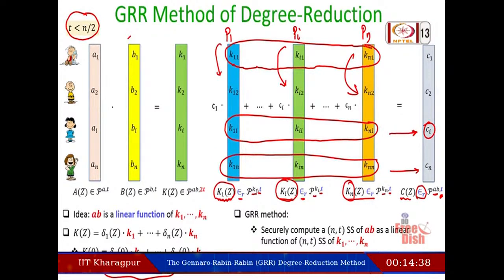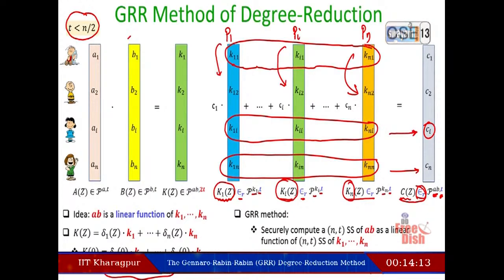So, k1 has all its coefficients randomly chosen except the constant coefficient, ki has all its coefficients randomly chosen, kn has all its coefficients randomly chosen, and if you take a linear combination of these random polynomials, you obtain a random polynomial whose coefficients will be random, except the constant coefficient.